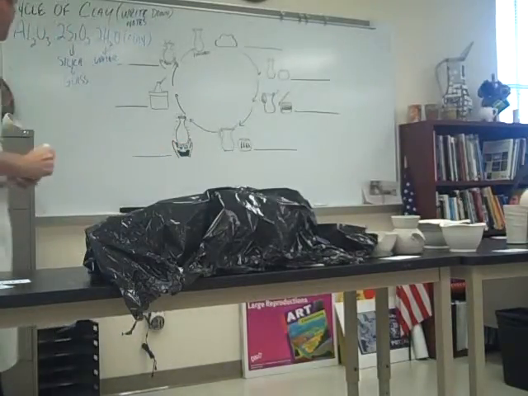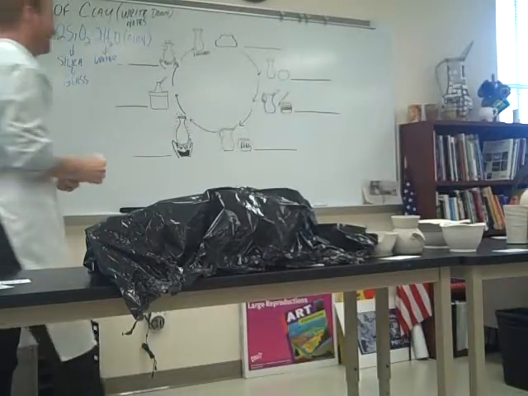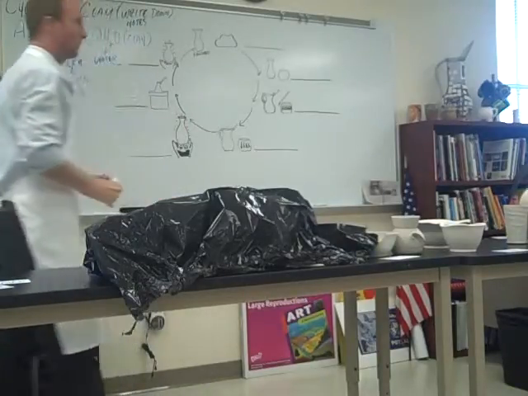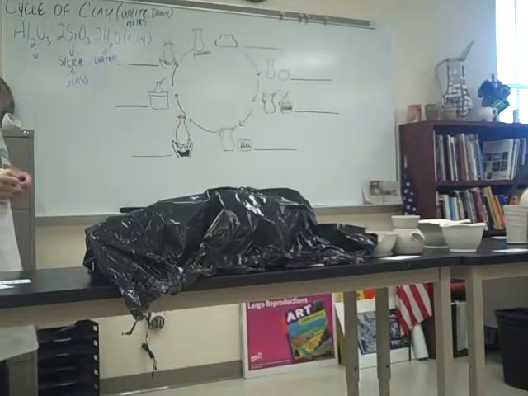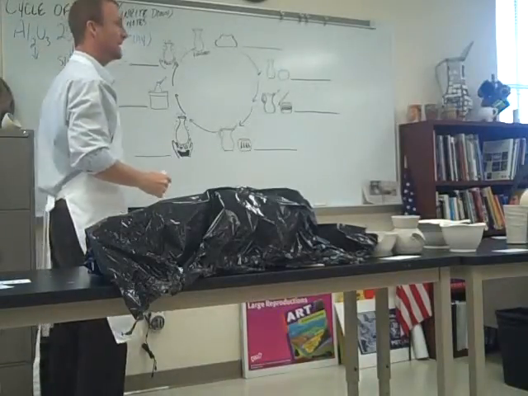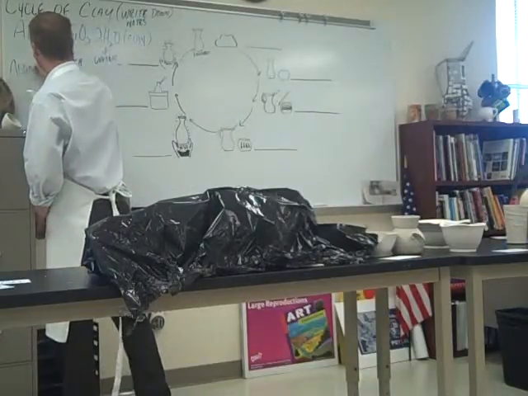All right? Now, the most confusing part of the whole day is what this is. What's Al? Aluminum. And with the oxygen or oxide, it's called alumina. You can write that down. Alumina.